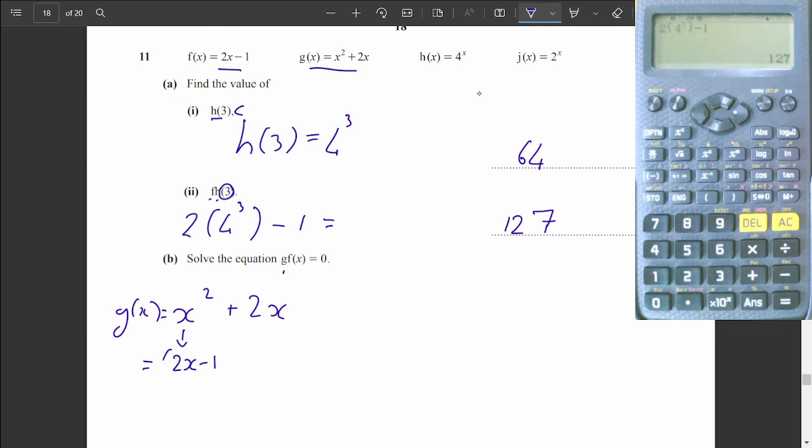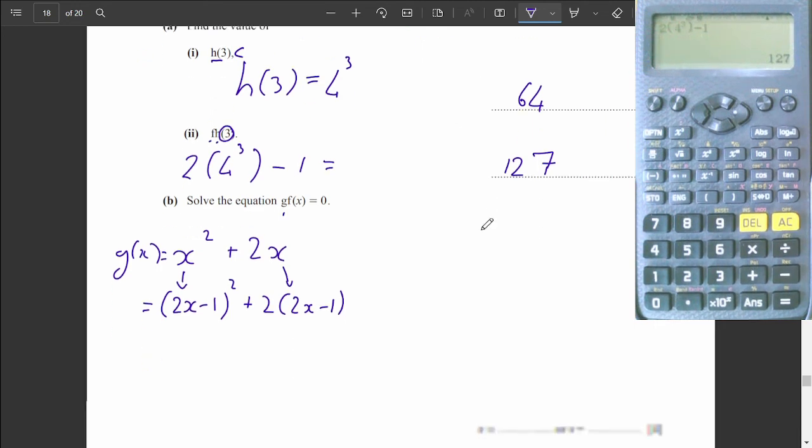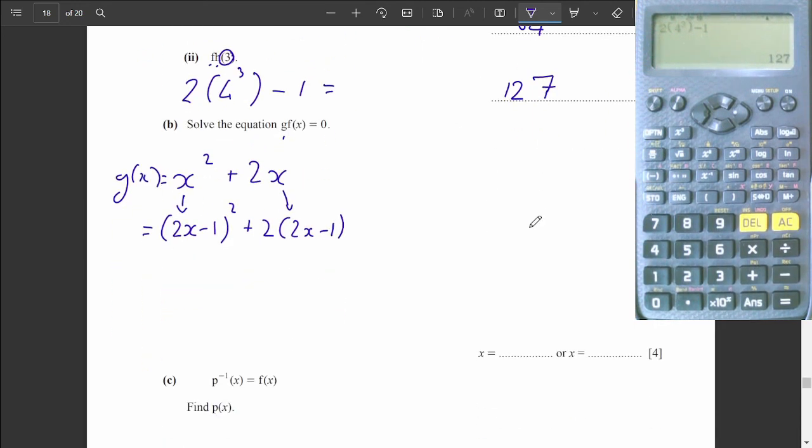So instead of x, we've got 2x minus 1 squared. Then we've got the 2, and instead of the x, again, 2x minus 1. Now we just need to play around with the algebra a little bit. So let's expand. Well, let's first write this. 2x minus 1 squared means 2x minus 1 times 2x minus 1.